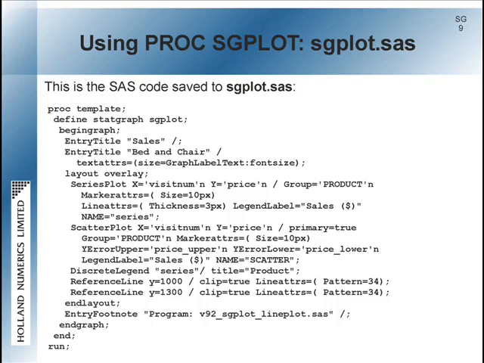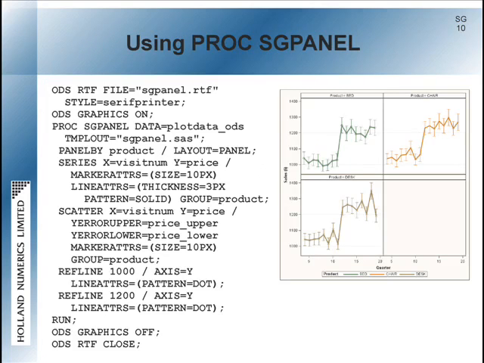Okay, next please. Right, SGPANEL is effectively SGPLOT, but it allows you to make a block of identical graphs by a group variable. So instead of doing BY group variable, you could actually do it using the PANELBY statement in SGPANEL, and it will add the name of the group variable at the top of each graph.